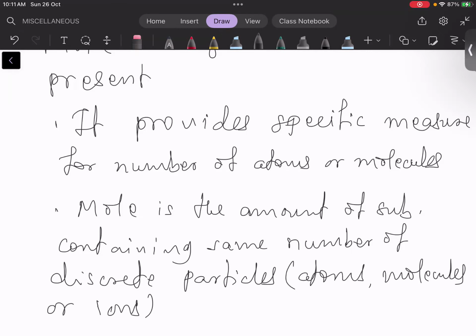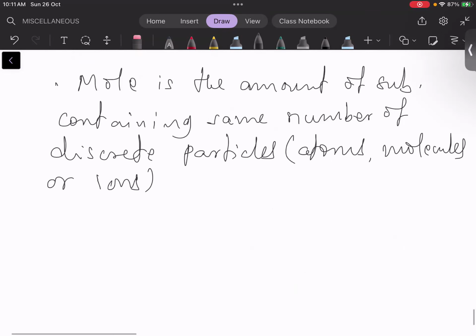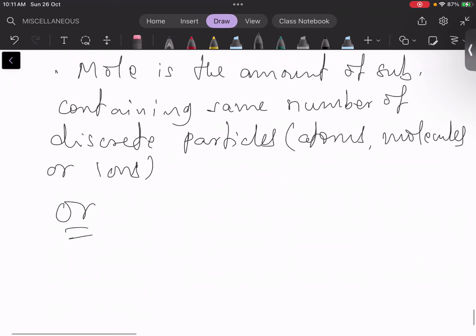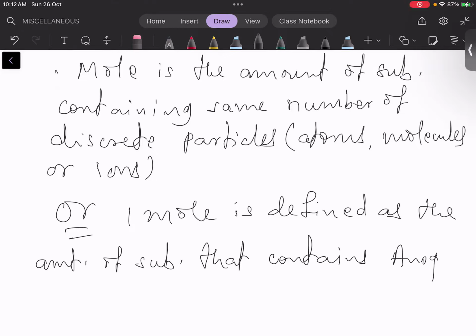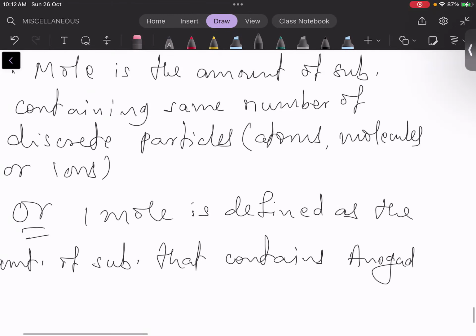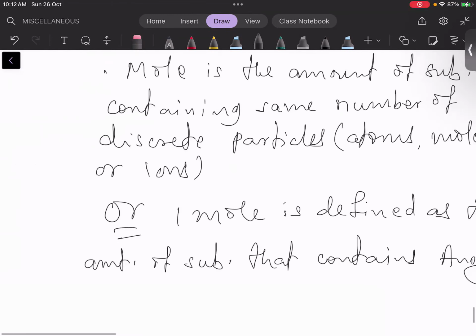Or you can say, mole is defined as the amount of substance that contains Avogadro's number.